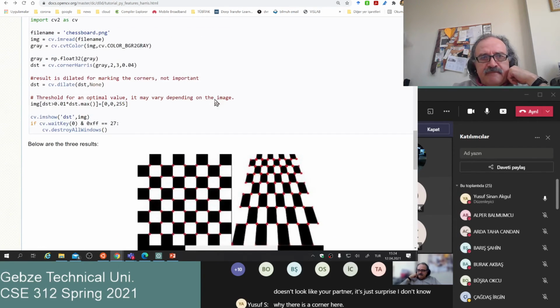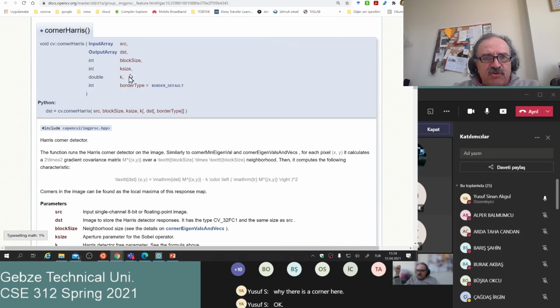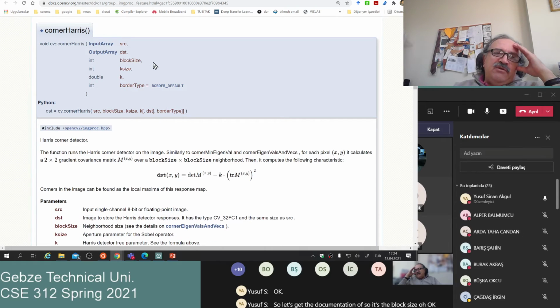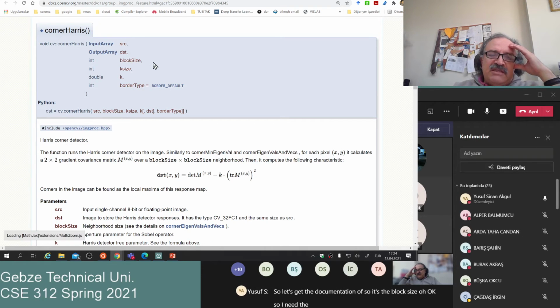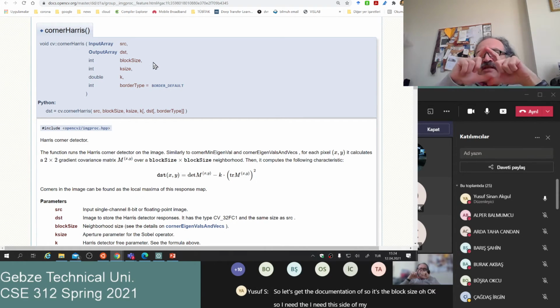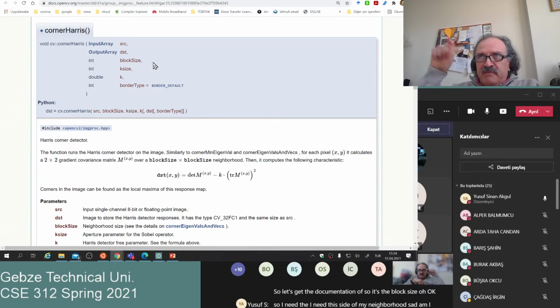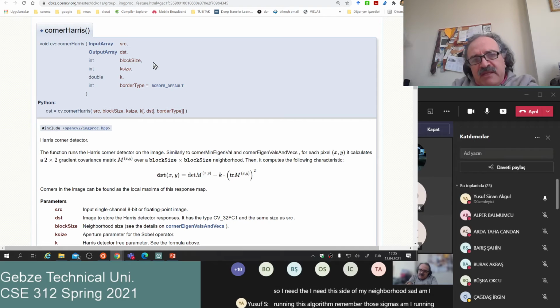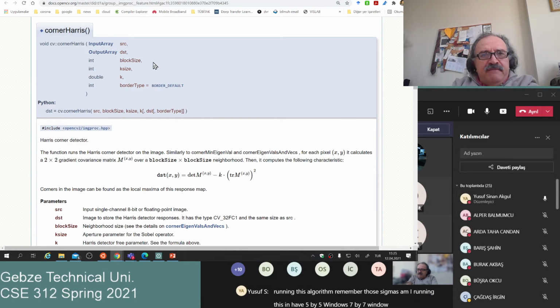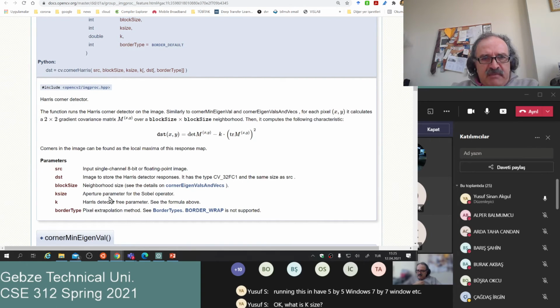Okay, so let's look at the documentation. It's the block size. So I need the size of my neighborhood. Remember those sigmas? Am I running this algorithm in a 5 by 5 window, 7 by 7 window, etc.? Okay, what is ksize? Aperture parameter.